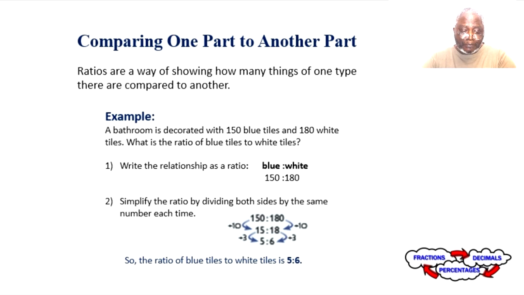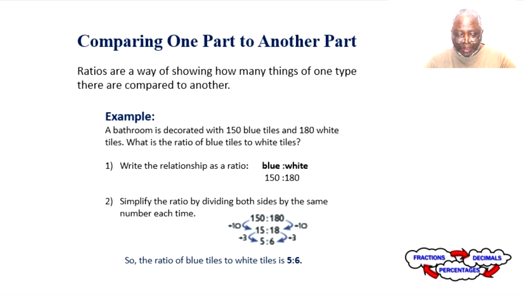Example, a bathroom is decorated with 150 blue tiles and 180 white tiles. What is the ratio of the blue tiles to the white tiles? Write the relationship as a ratio. Blue 150, white 180.